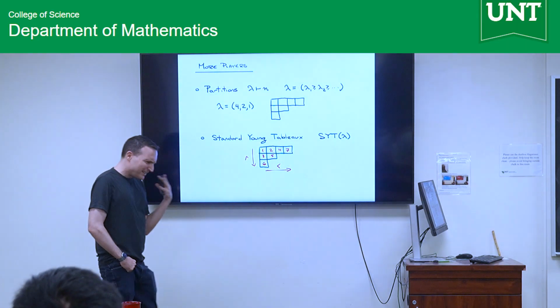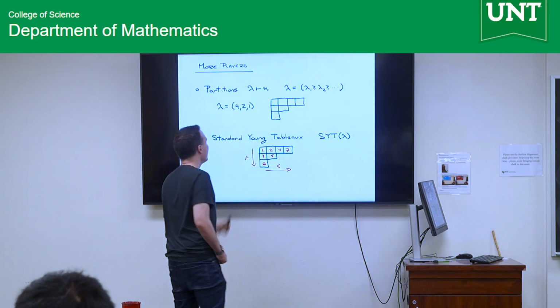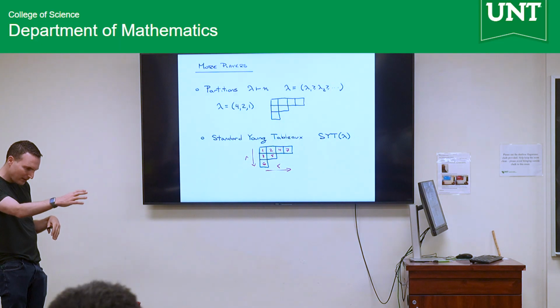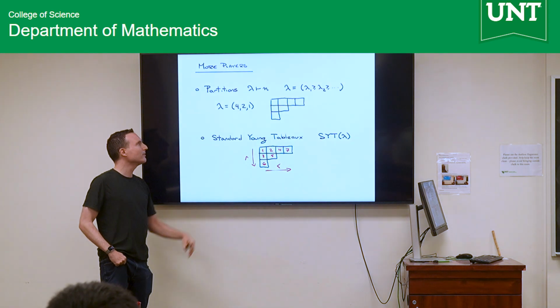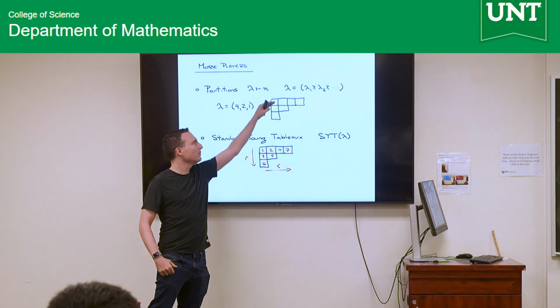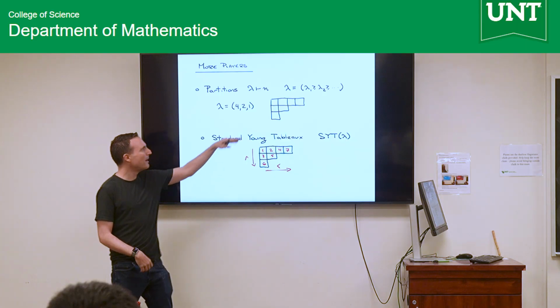Okay, so I'm going to introduce a couple of new players to this story. We're going to have partitions. So a partition of n is just a weakly decreasing sequence of positive integers that add up to n. So 421, for example, is a partition of 7. And really, if you've worked with these things before, the right way to look at partitions is shoving boxes in a corner.